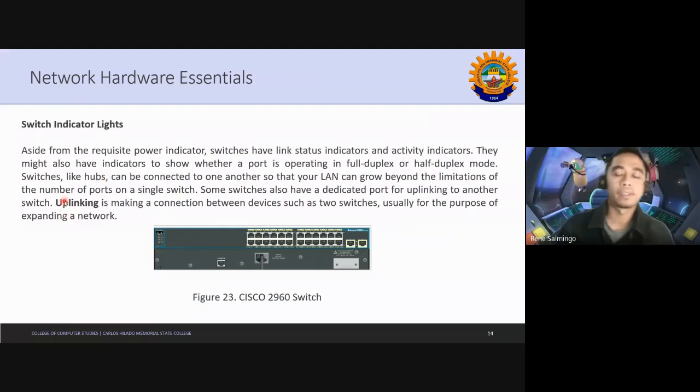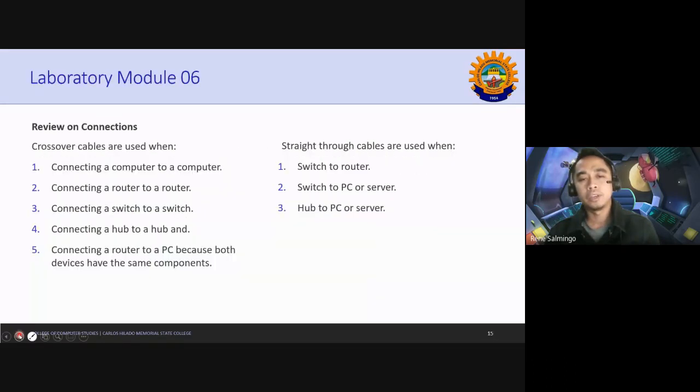Next week, we'll have this because I also have some exercises on subnetting. And for your laboratory module, you're going to have this simulation using Packet Tracer. First, you're going to communicate computer to computer using a crossover cable.